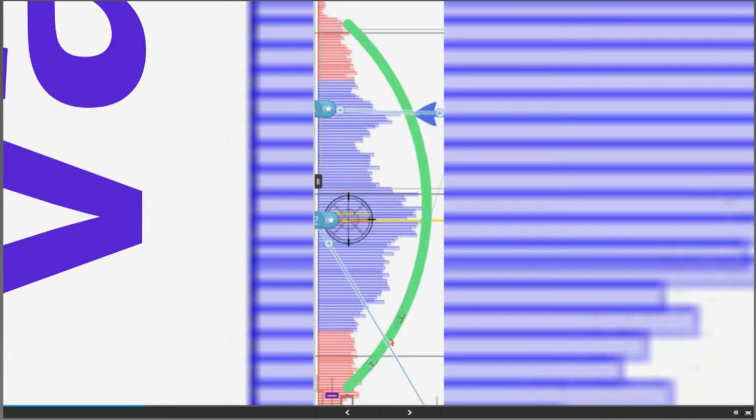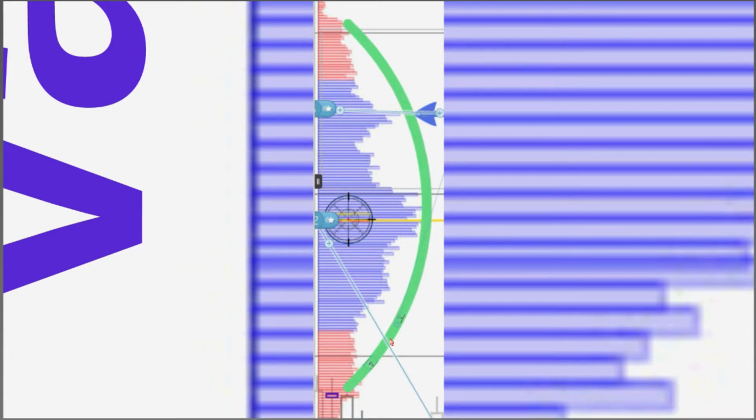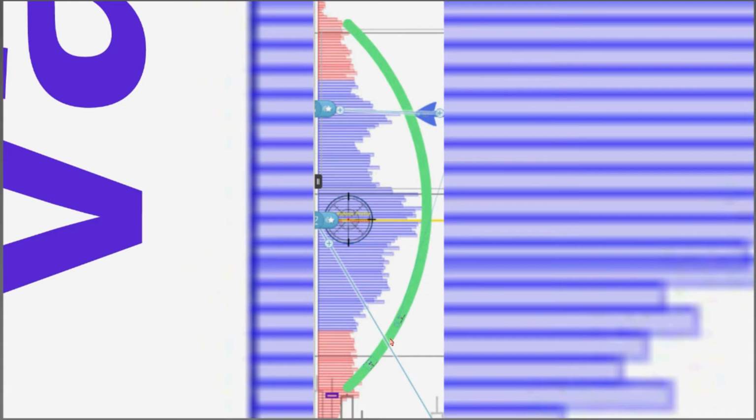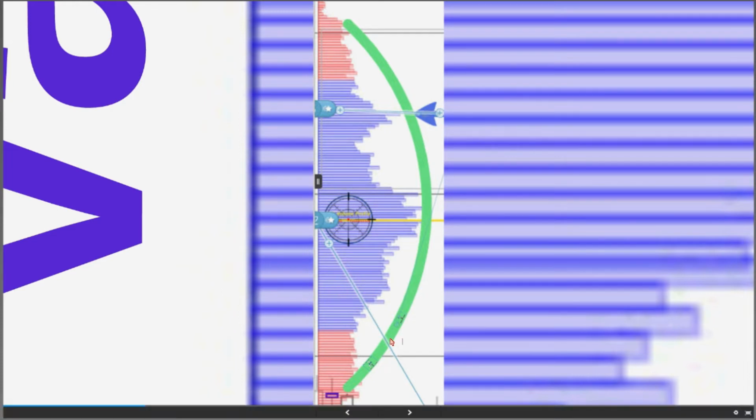But as that progresses throughout the day, or over a week or a month or a year or several years, it starts to build out what's called a distribution. And that distribution will naturally result in this bell-shaped curve.